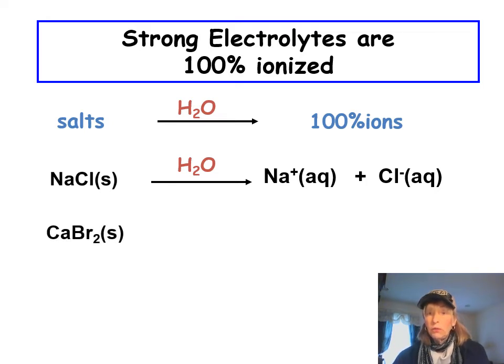Let's look at another example of a salt. Let's take calcium bromide. This is a good place to review your naming, and also what this formula means. It is a metal and a nonmetal, which means it's an ionic compound. So we're talking charges here. Remember, the charge on calcium comes from its group number.